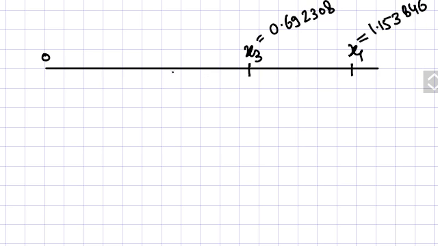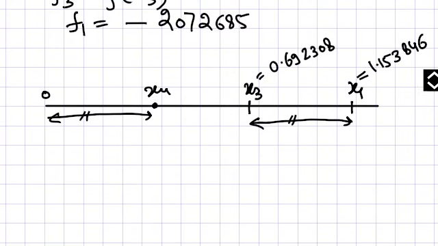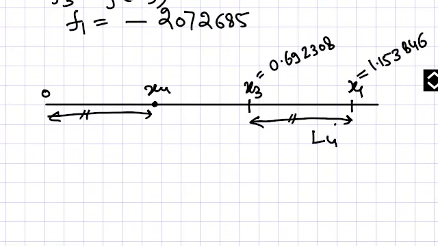That is, we will put a point x4 somewhere here, and this distance will be equal to this distance, and this distance will be equal to this distance. So very easily we can find these distances the same way we did here. Actually this is the L4 asterisk distance.